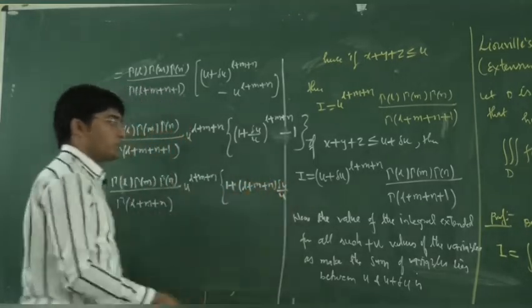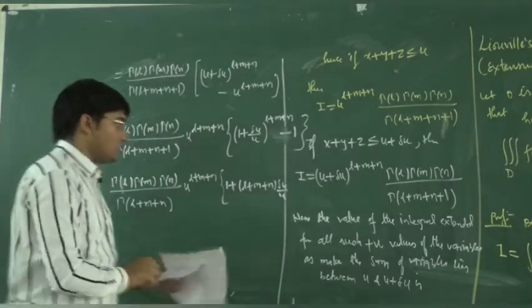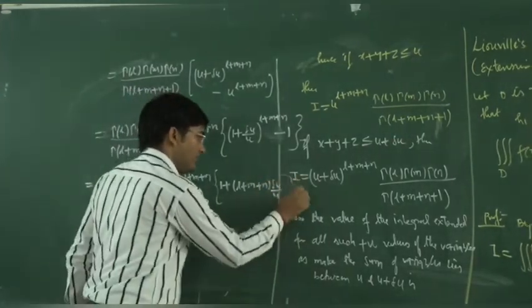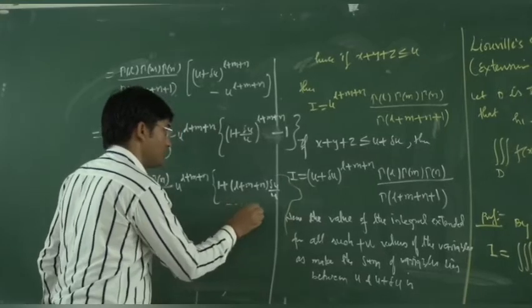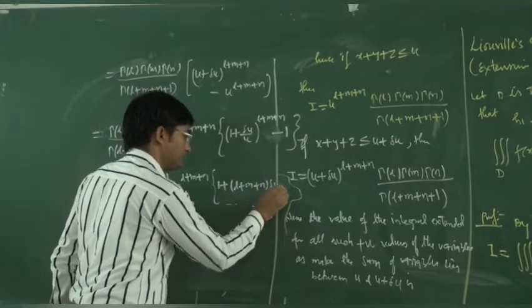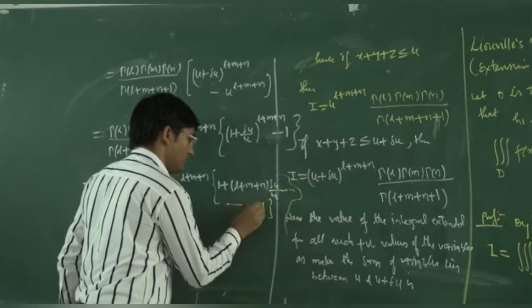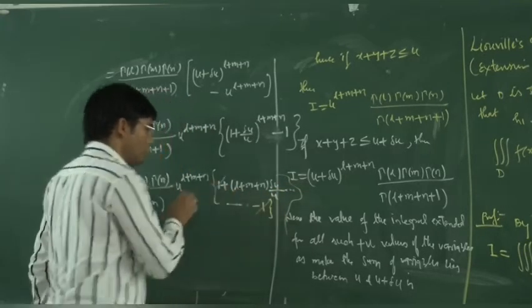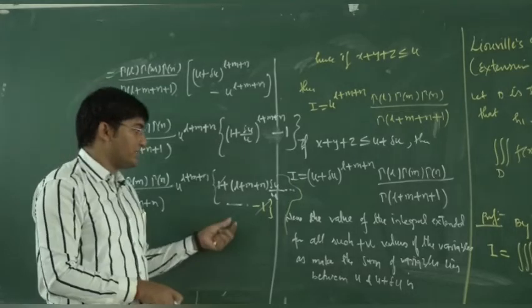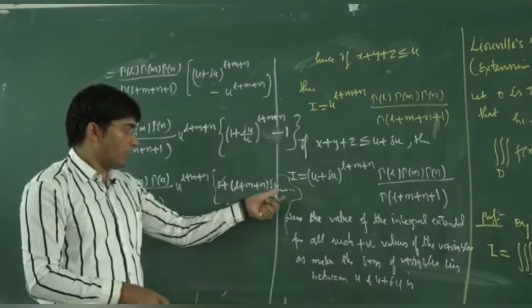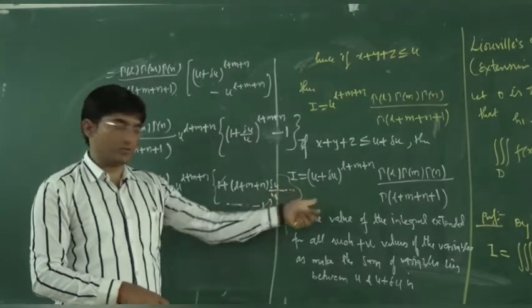Then we will have the square of this delta u, and the square of this delta u will be again very small. Then finally we will have minus 1. So this minus 1 and plus 1 get cancelled.